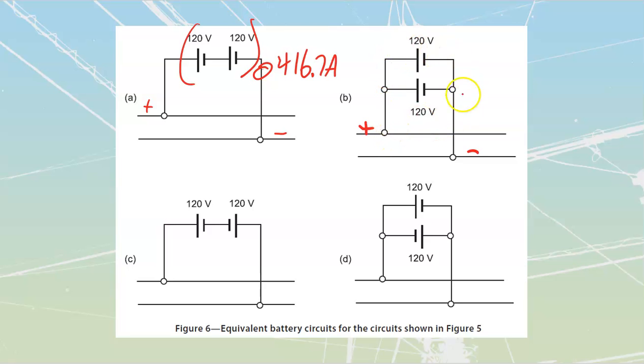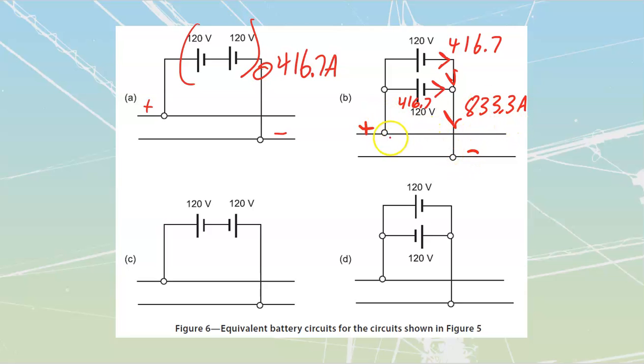This one over here, my parallel, each of these is good for 416.7. So that's 416.7 feeding into that node, and this one here is 416.7 feeding into that node, which would mean that coming out of here, I'm going to have 833.3 amps. What's my voltage across here?